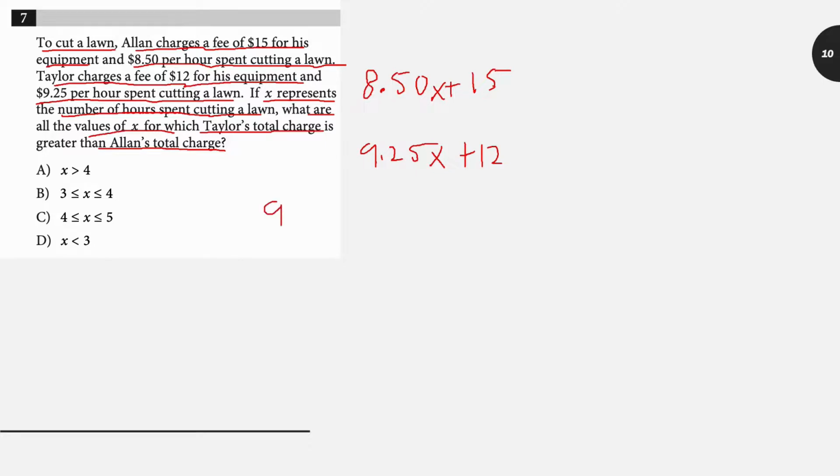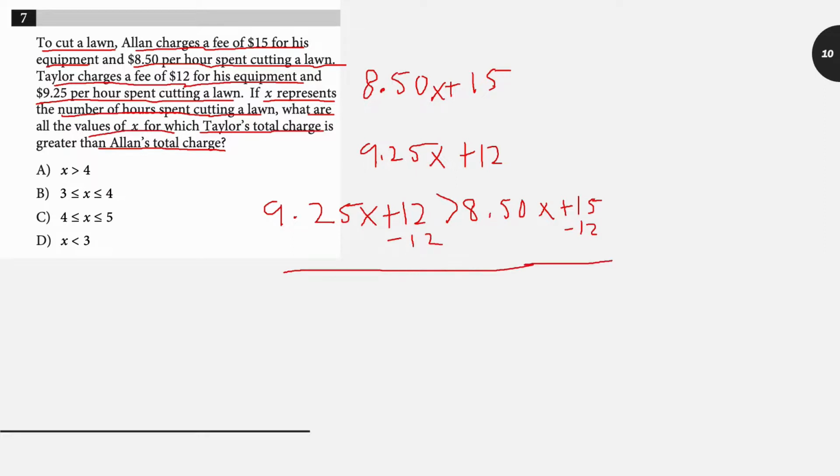So 9.25x plus 12 is greater than 8.50x plus 15. And then you subtract 12 on both sides. 9.25x is greater than 8.50x plus 3.